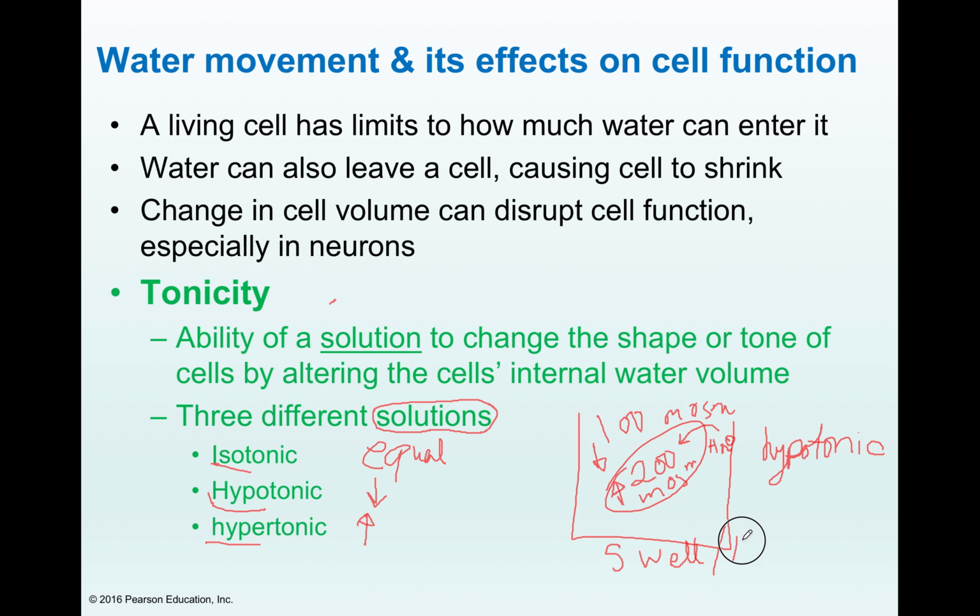And if there's too much water moving into it, it will cause the cell to burst. Now, let's take a look at these scenarios and how they affect your typical cell. Again, remember that these words, hypotonic, isotonic, and hypertonic, only and only can be used to describe the situation for your solution and not your cell.